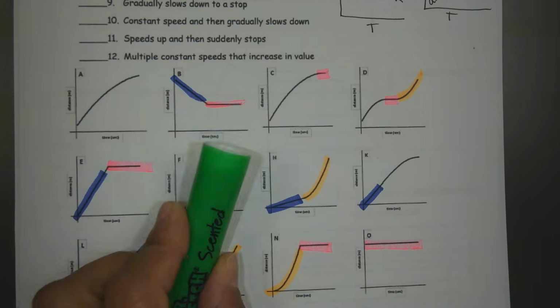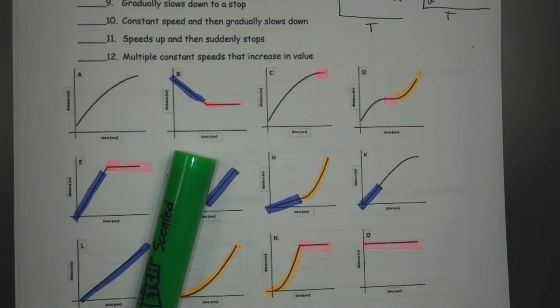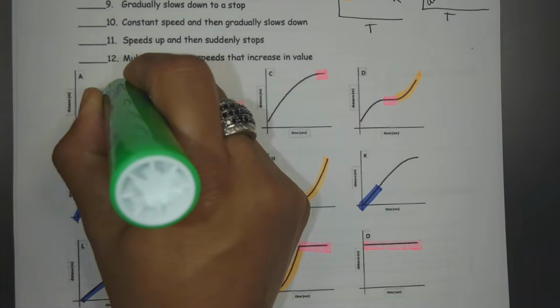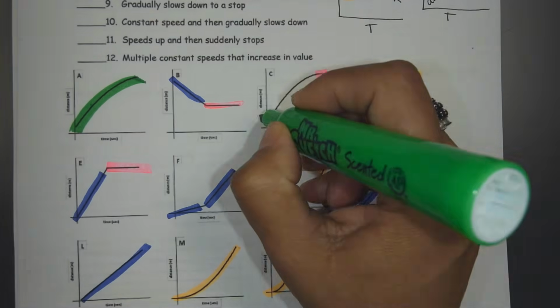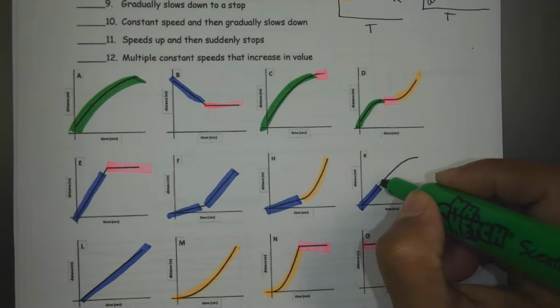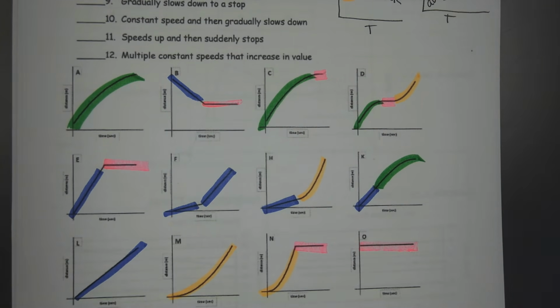And then our last one is green. Our green is going to be like the upside down, facing down. You can see this one is facing down, A, facing down, C, facing down, D, and then K also has a little facing down.